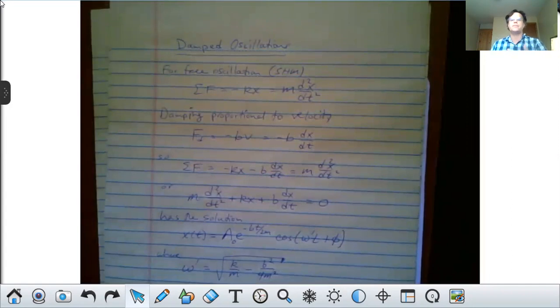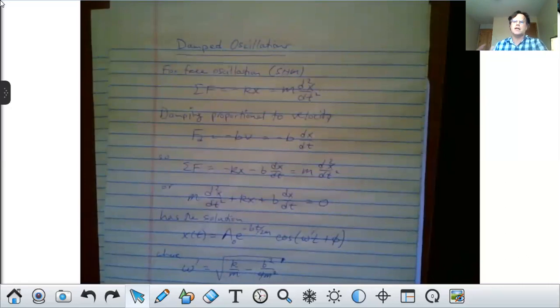For a fluid, it turns out the resistance force, or the damping force, is proportional to the velocity if you're not going too fast. At higher speeds, for example, if you're talking about air resistance of a jet or an airplane, it might be proportional to the speed squared.